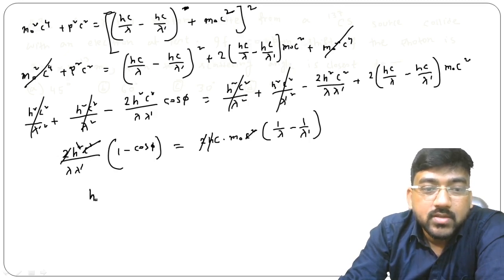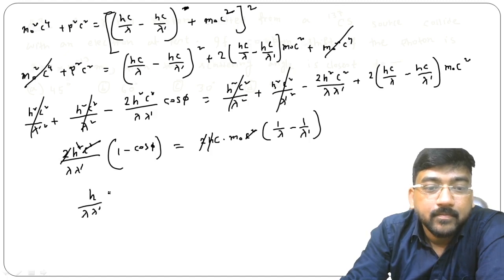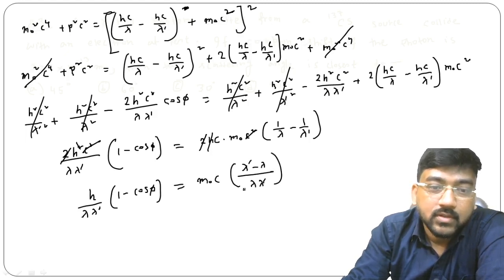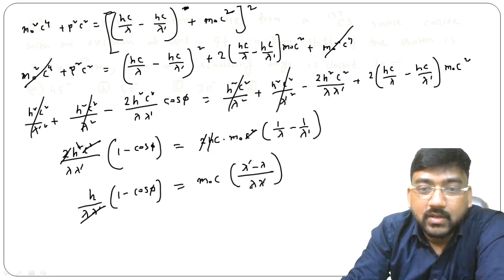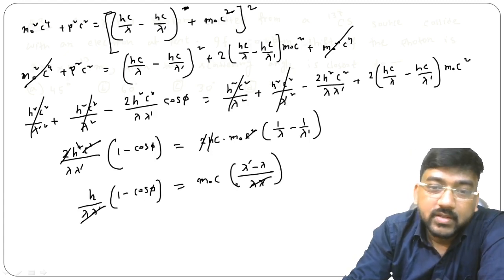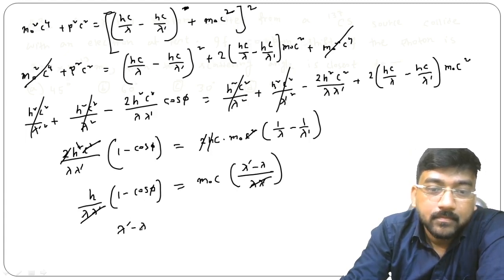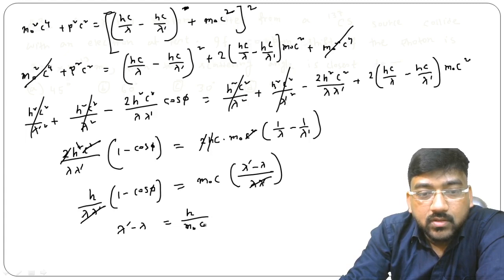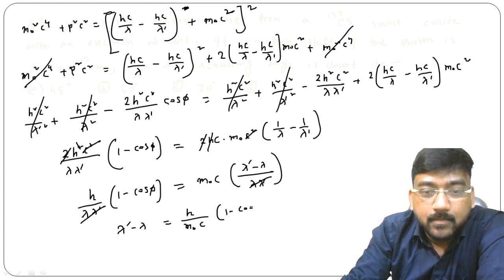So it will be h upon lambda lambda dash into 1 minus cos phi equal to m0 c into lambda dash minus lambda divided by lambda lambda dash. So this lambda lambda dash and lambda lambda dash will be cancelled out. So lambda dash minus lambda will be h upon m0 c into 1 minus cos phi.